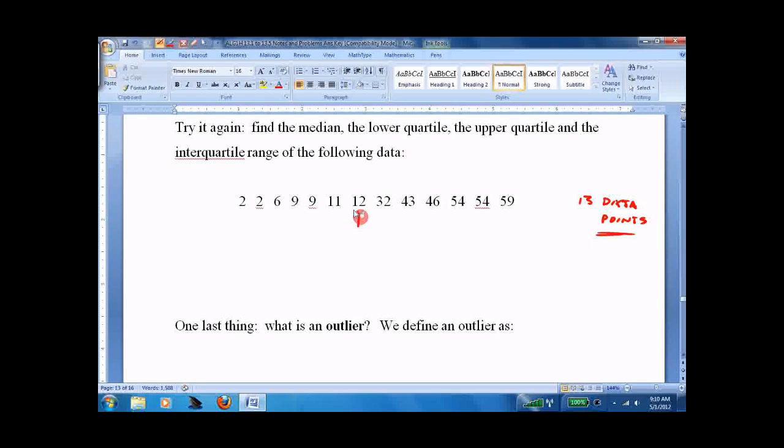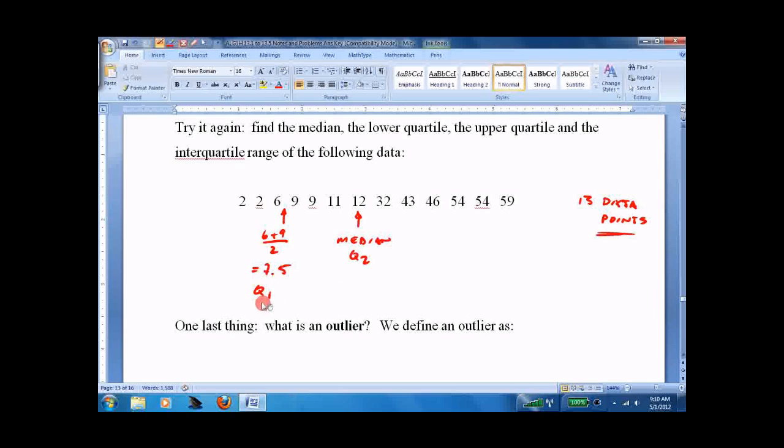Seventh one gives me the median, also known as Q2. Now I've got 6, so I've got to go here and find the average, which is 7.5.